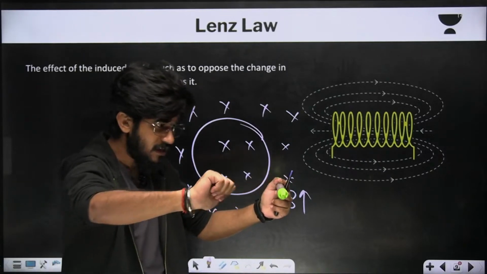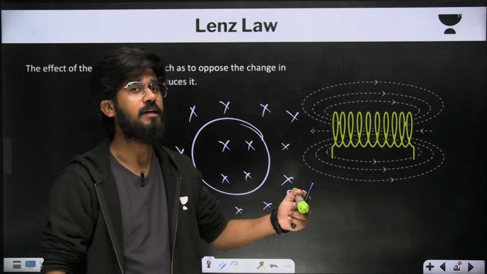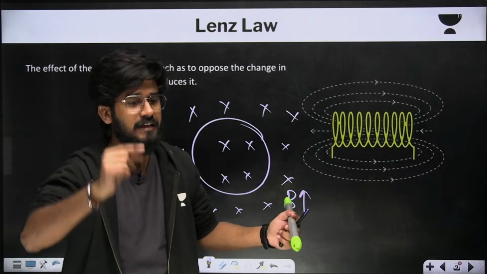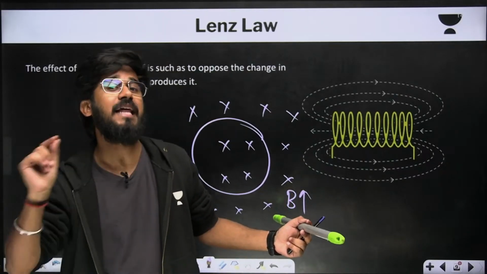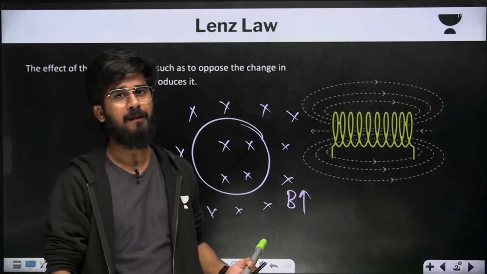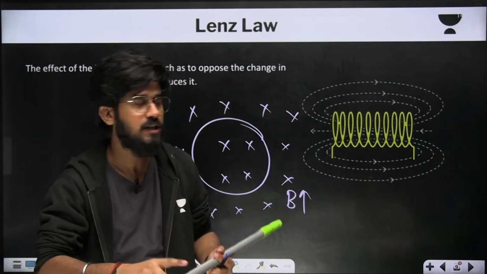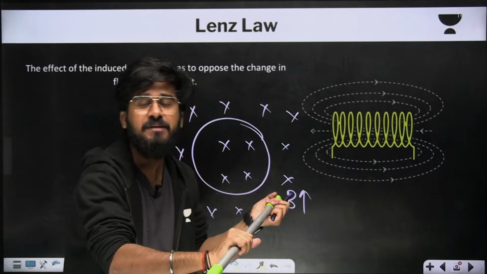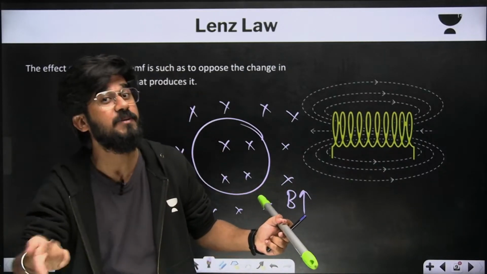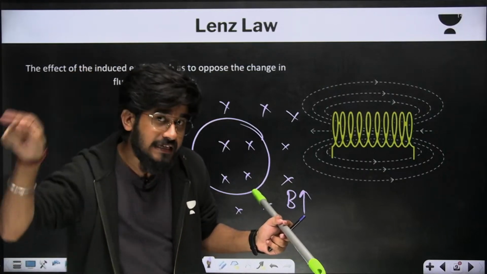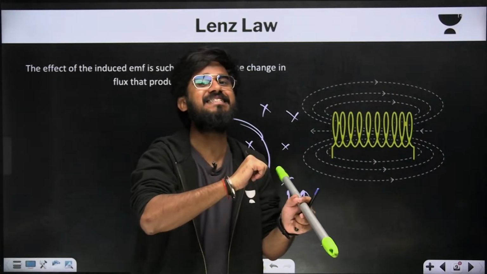Now, if the magnetic field inside is increasing, it simply means that the current will be produced in such a way that it will oppose the cause by which it is being produced. So what is the cause? The cause is the increasing magnetic field which is inside. It means the current being produced will be in such a direction that it will oppose this inside magnetic field.